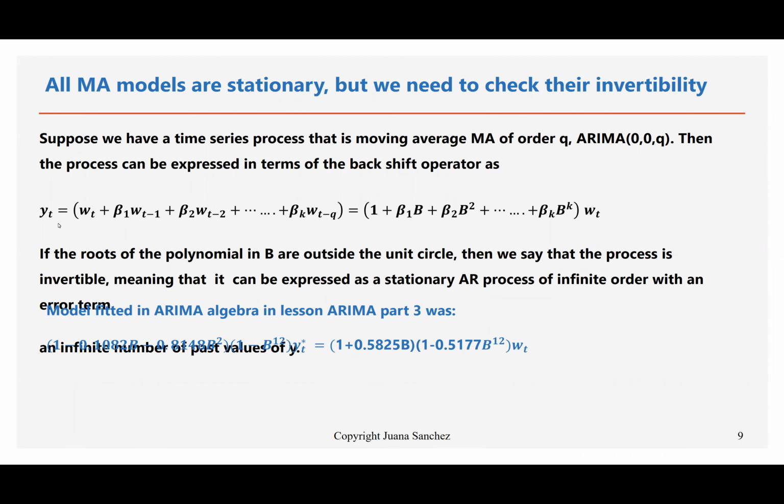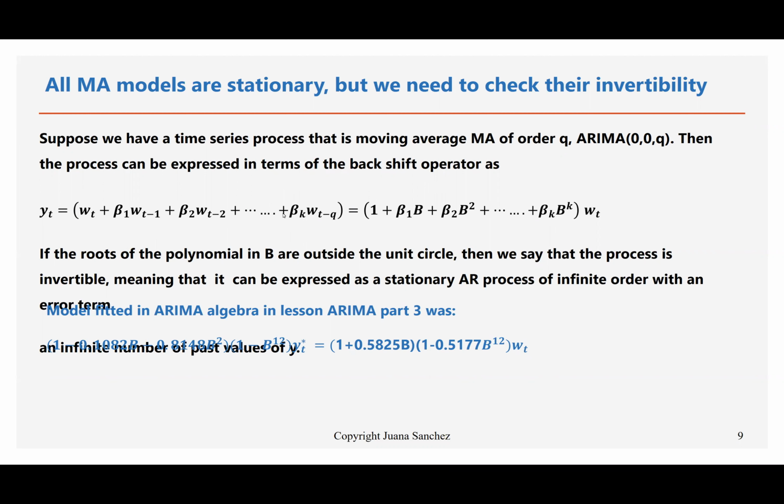So that means the model is Y_t equals W_t plus beta 1 W_{t-1}, and the W_t terms are white noise. Okay, and we express this model, let's say we didn't difference or anything, ARIMA(0,0,q). Then the process can be expressed in terms of the backshift operator as a polynomial in the backshift operator, right?